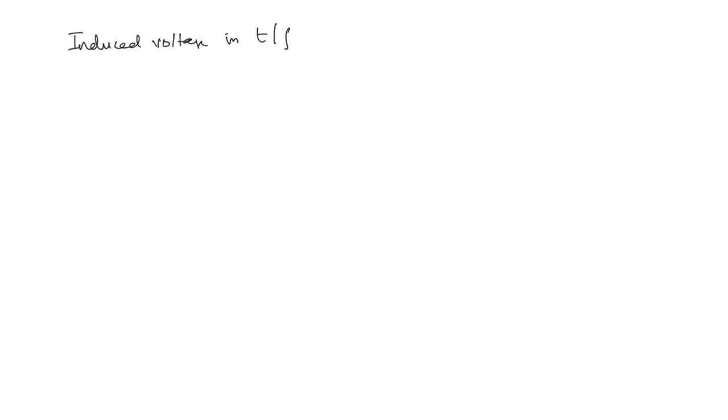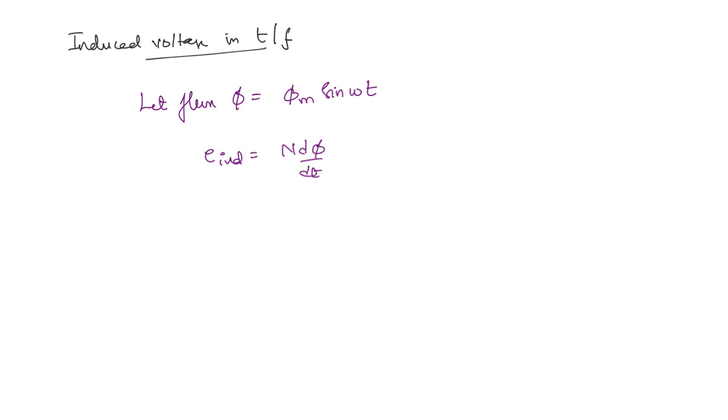If we take the flux as a sinusoidal function, let flux phi equal phi m sin omega t. Then what is the induced EMF? This is going to be N d phi by dt. So you get N omega phi m cos omega t.